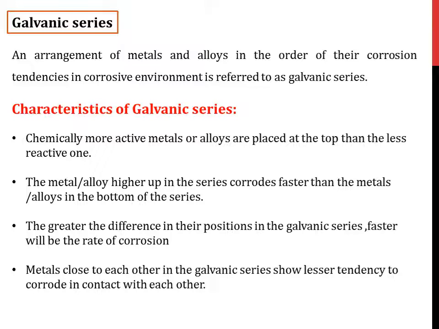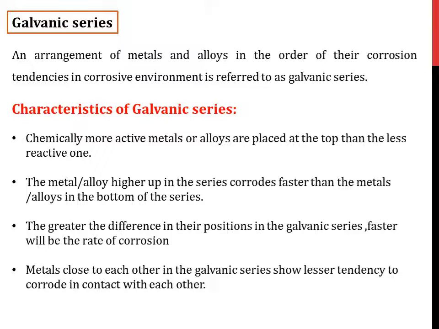The less noble metal will experience the corrosion process readily, and these galvanic series relationships are useful as a guide for selecting metals to be joined, and also to minimize the tendency of the corrosion process.